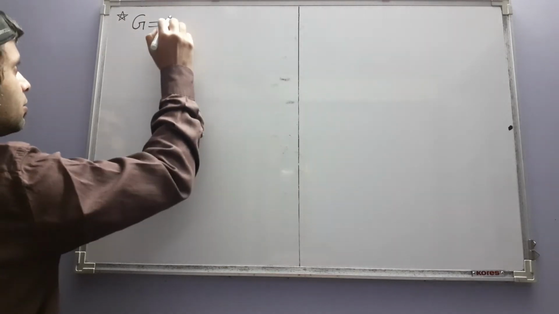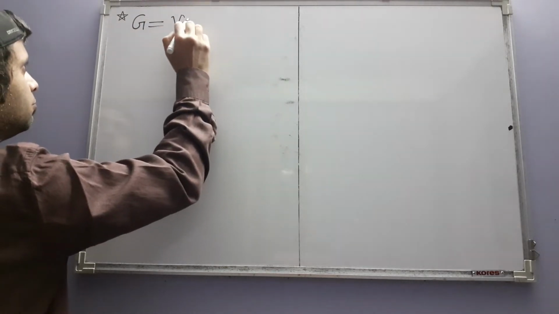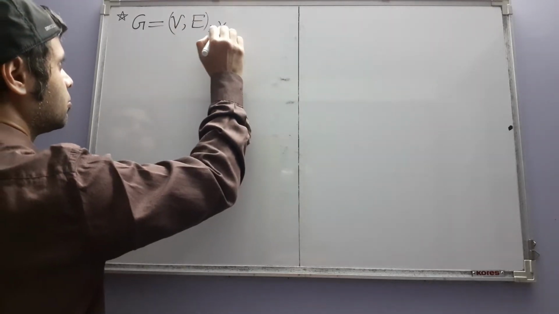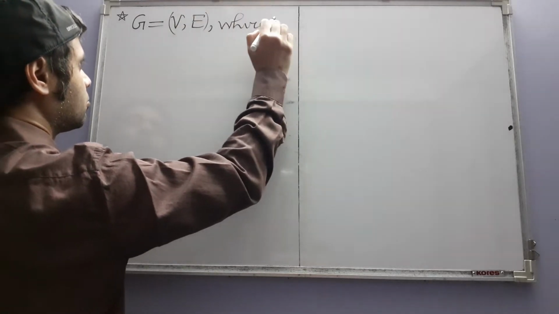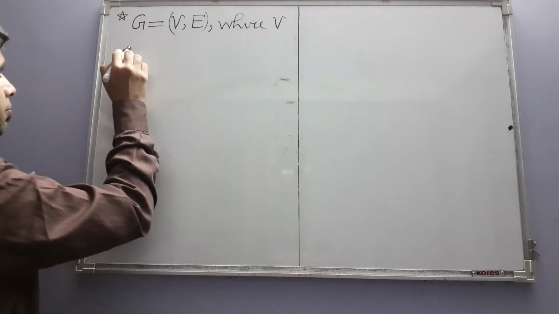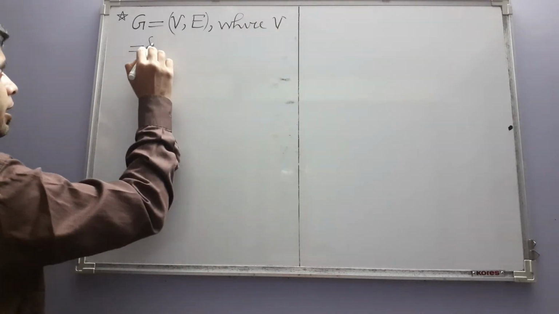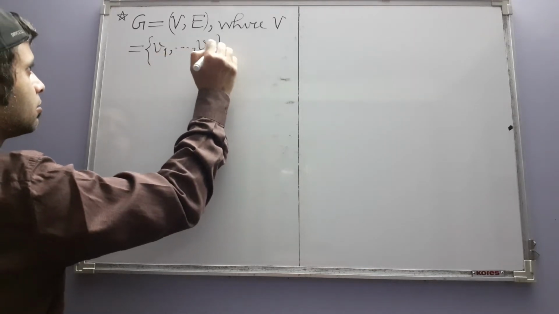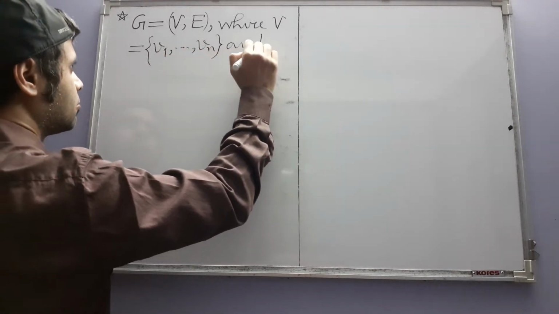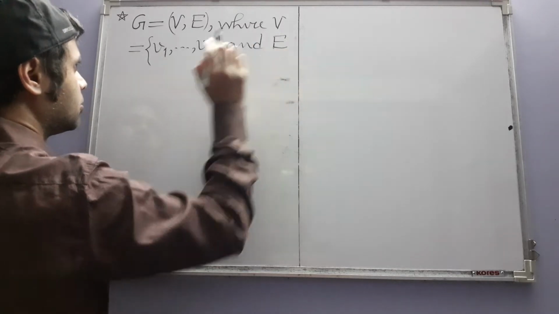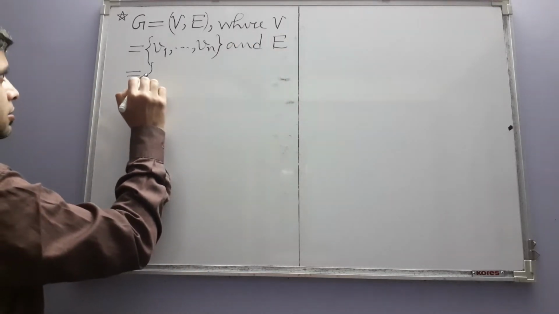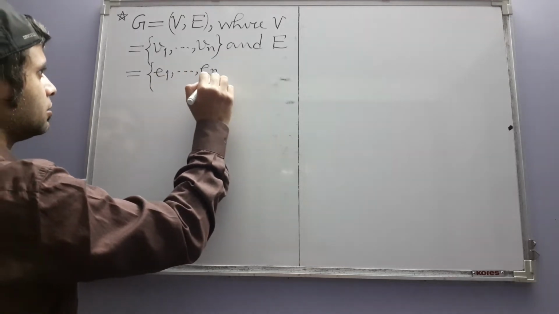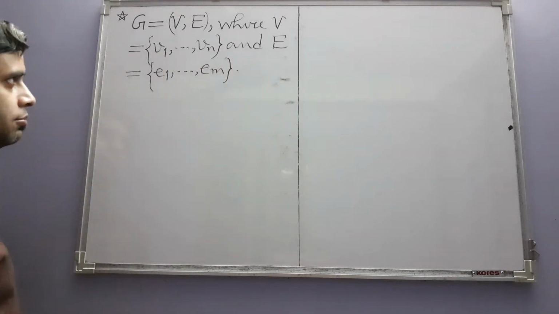We have a graph G with vertex set V and edge set E, where V has n elements. There are n vertices in the graph, and the edge set E has m elements. M edges are there in the graph.